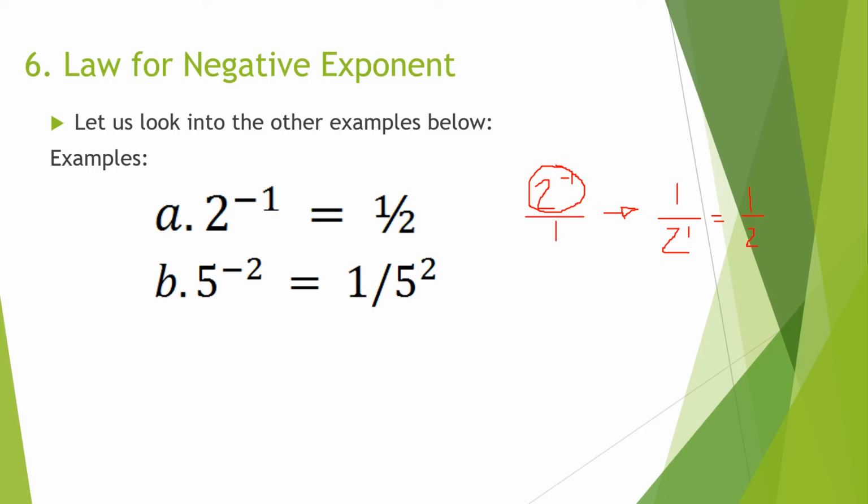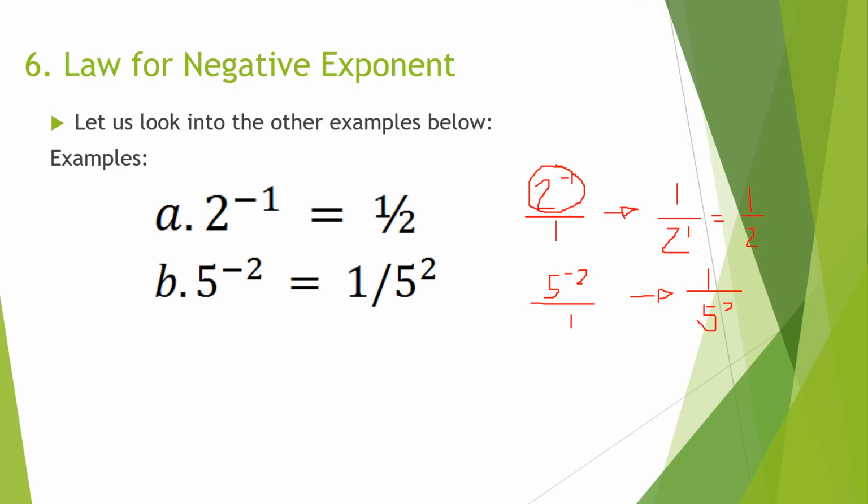For example B, we have 5 raised to negative 2. Again, 5 raised to negative 2 is similar to 5 raised to negative 2 over 1. So the reciprocal of that is 1 over 5 squared. For the law for negative exponent, we simply change the sign of our exponent into positive.